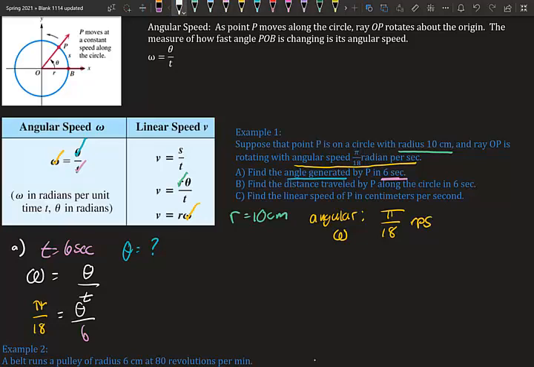We cross multiply, so we have 18 theta equals 6 pi, divide by 18, so theta equals pi over 3 radians. So that is the angle generated by this ray in 6 seconds, pi over 3 radians. It's rotating really slow.